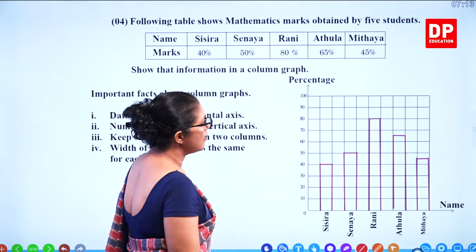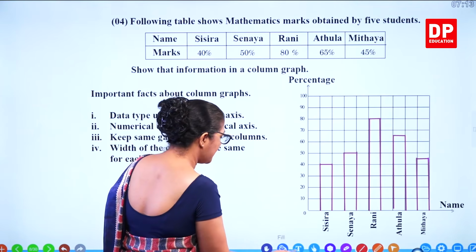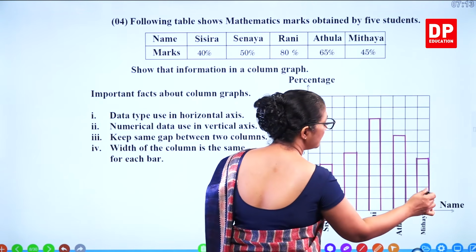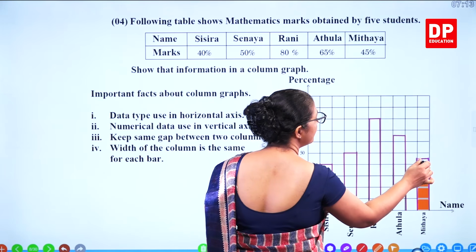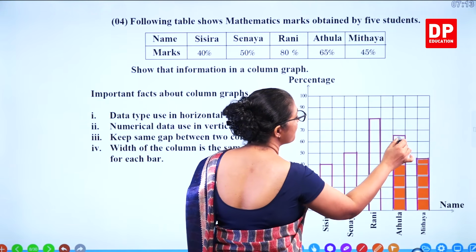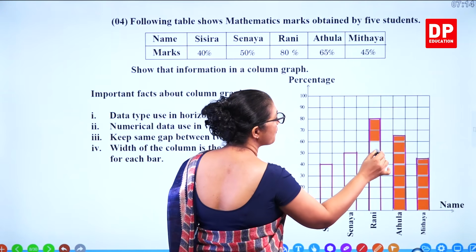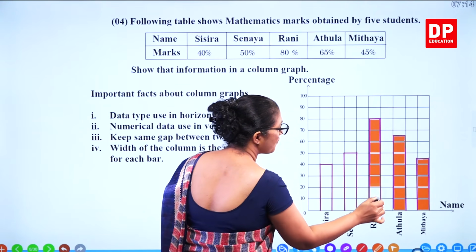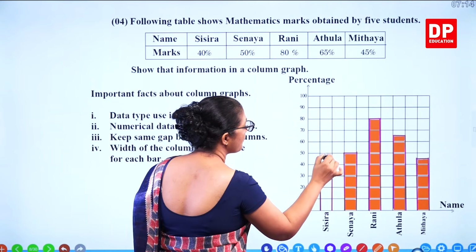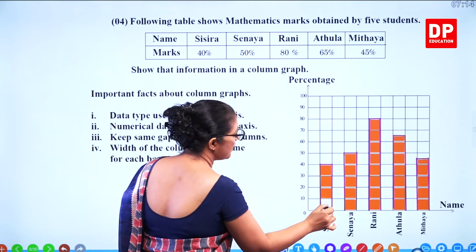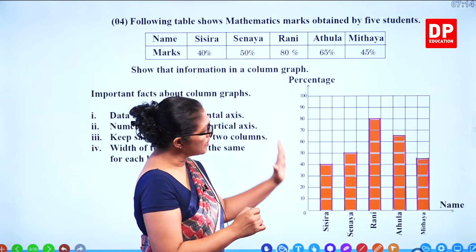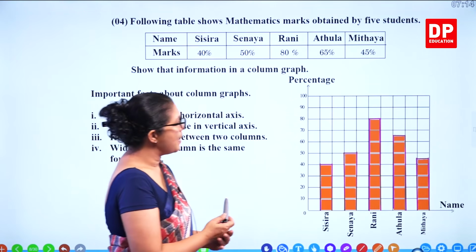Now this is the column graph. We can give a color. We'll give orange color. And this is the column graph. So this is marks, percentage marks and the names.